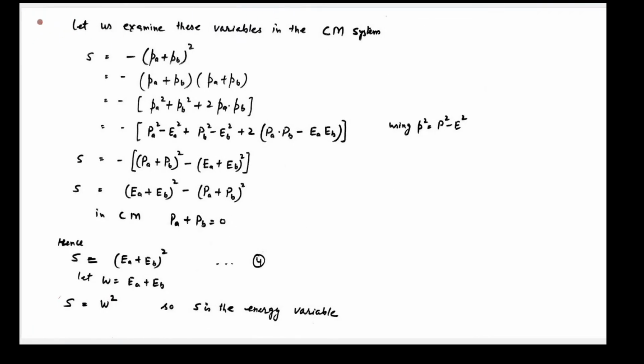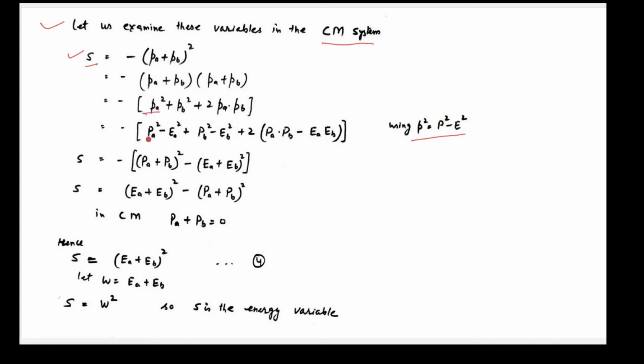Next, let us examine these variables in the center of mass frame of reference. Let us first discuss the S variable. S is minus (P_A plus P_B) squared. We take the square and we will get this. Now we will use the relation that the four-momentum squared is equal to linear momentum squared minus E squared.